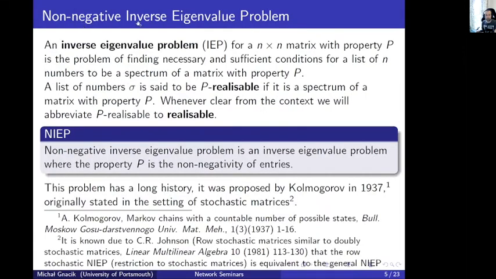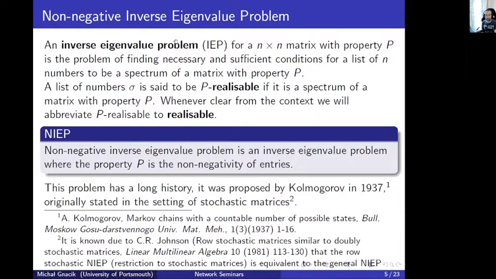We have the inverse eigenvalue problems, and I mentioned before the inverse eigenvalue problem for a matrix with property P. I'm just using this terminology, property P. Later on, I'll mention what the property of the matrix is.